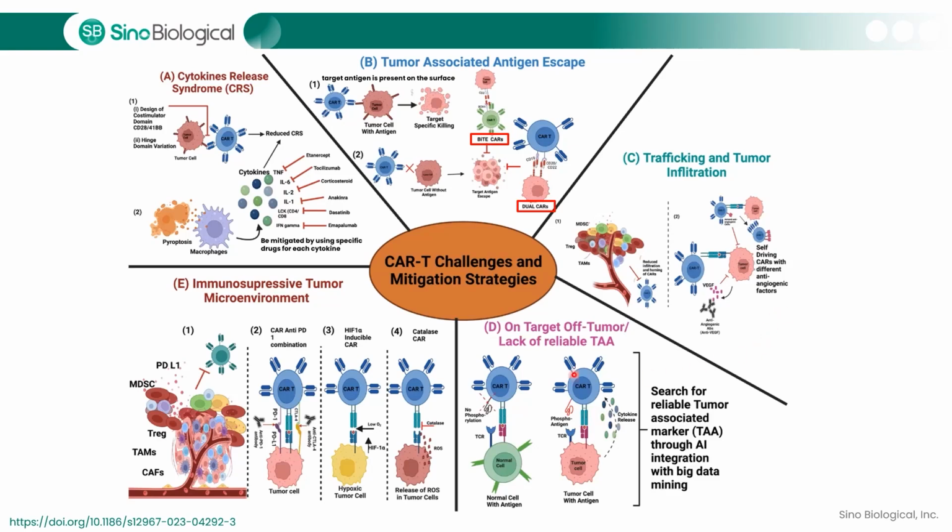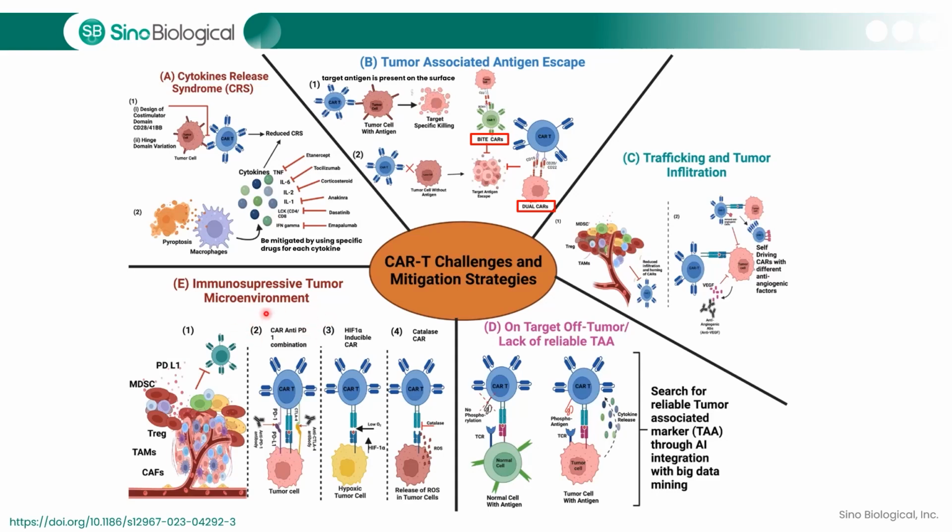But for the on-target, off-tumor effect, this might be mitigated by selection of reliable tumor-associated antigens by integration of AI, or artificial intelligence, with big data mining.